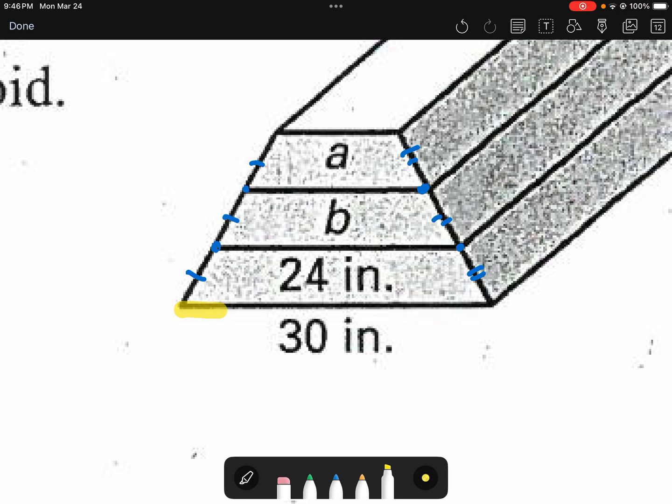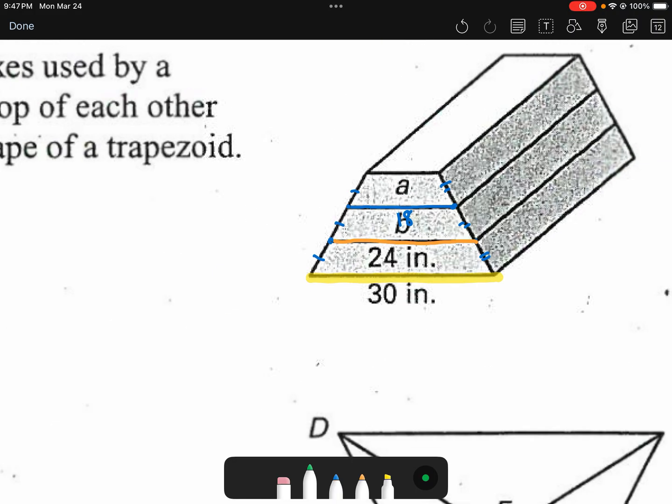So notice how the difference between this yellow guy and this orange guy is 6. That means this blue guy is going to be 6 less than the orange guy. So that guy will be 18. And then this guy, we'll call him green, he'll be 6 units less.